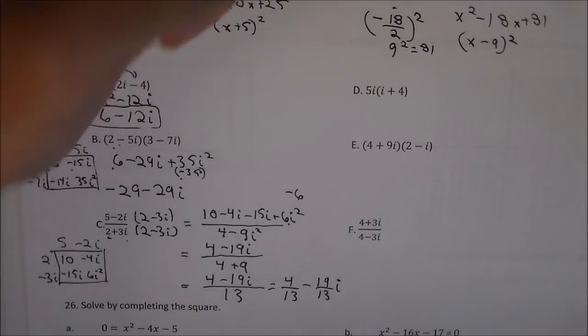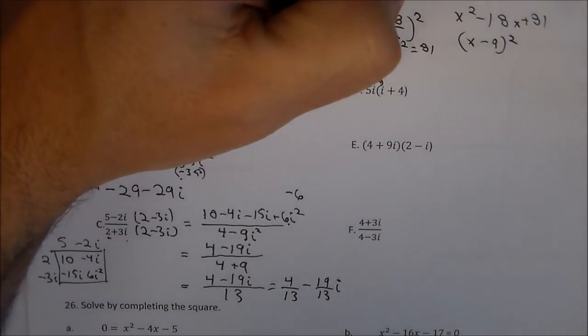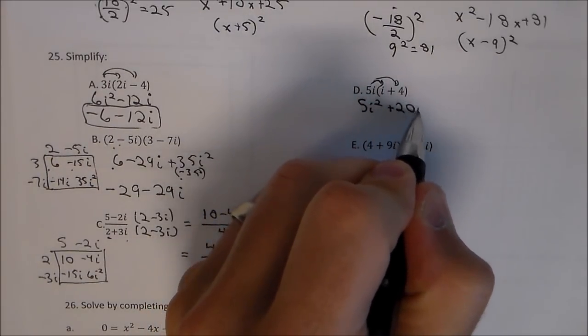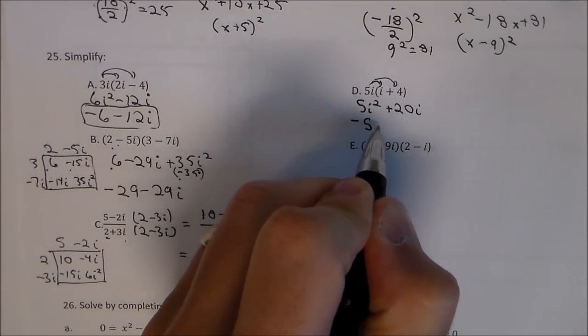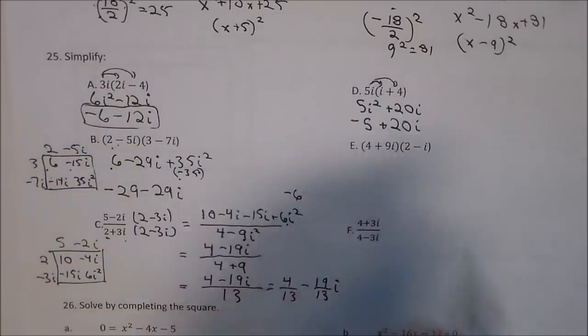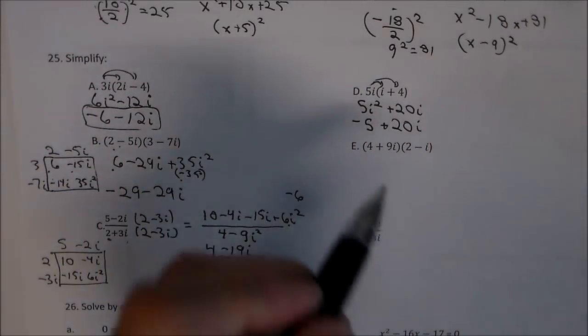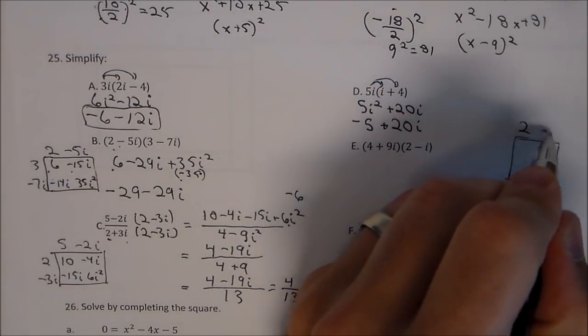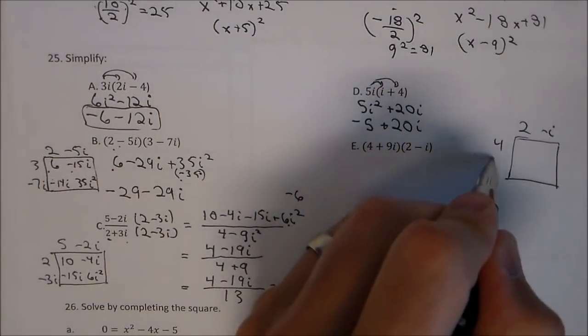Now we go back up to part D. We're going to distribute. We get 5i squared plus 20i, which is negative 5 plus 20i, seeing that i squared is negative 1. For part E, we're going to draw that box again. We have 2 minus i and 4 plus 9i.